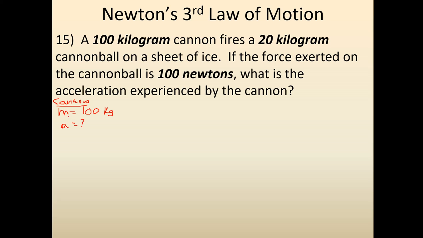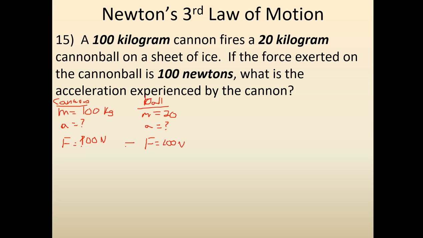And the only equation that relates these is something dealing with force. Now for the cannonball, if we write down everything we're given here, its mass is 20, its acceleration is unknown, but we know its force is 100 newtons. Well, because of Newton's third law, if the ball experiences a force of 100 newtons, then the cannon feels a force of 100 newtons.